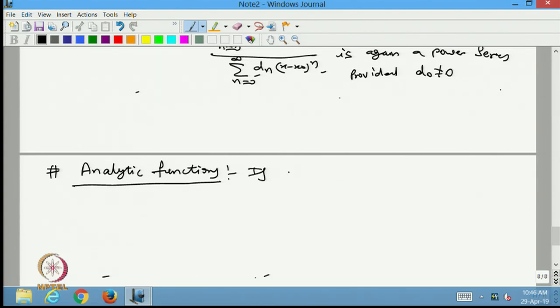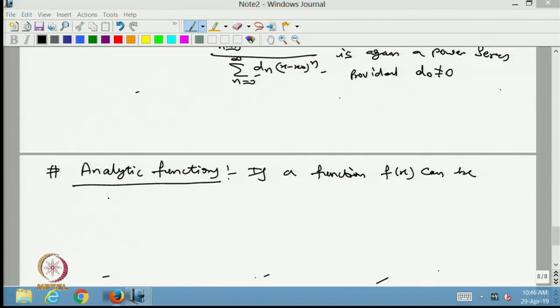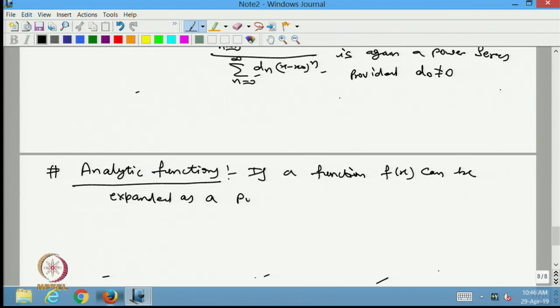If a function f(x) can be expanded as a power series about a point, that is x is equal to x naught.